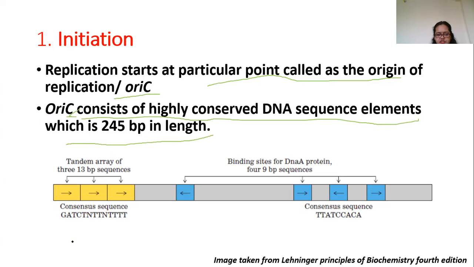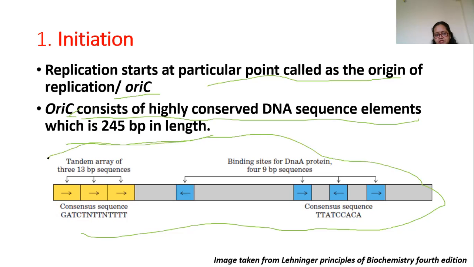This stretched form is shown here, and this stretched form of the gene belongs to the origin of replication. So this origin of replication consists of some consensus sequences or conserved DNA sequences, and those conserved DNA sequences are arranged in two different repeats.